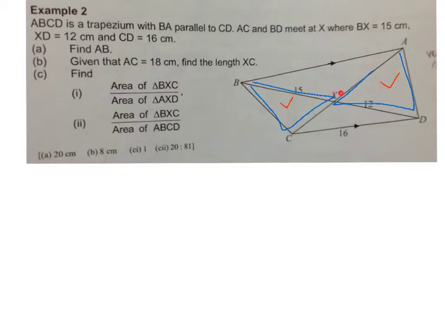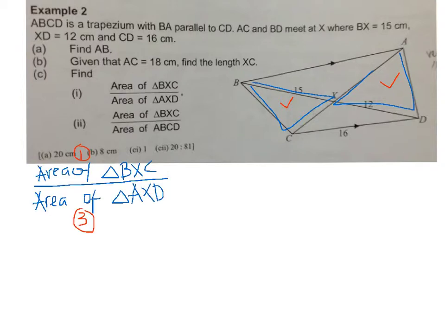Next, do these two triangles have the same height in any way? Not exactly, because we realize that the height of this triangle would be either here, here, or here. And the common height for this triangle would be here, here, or here. So we are left with the last one, which is ratio of areas of unrelated triangles linked by a common triangle.